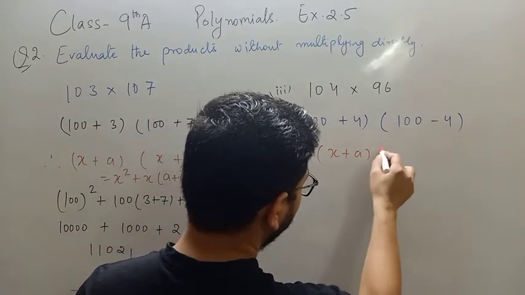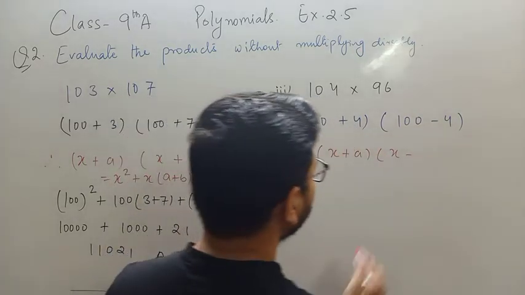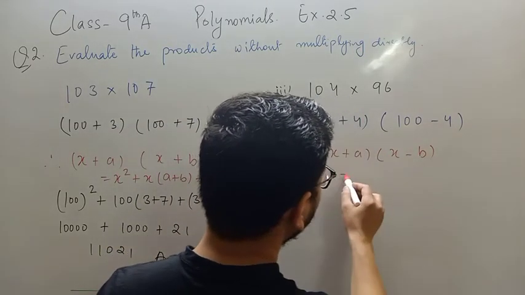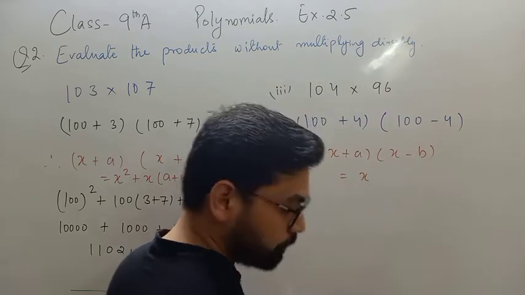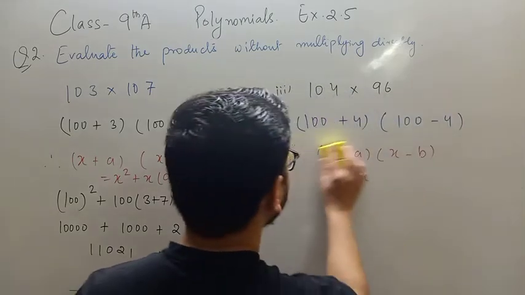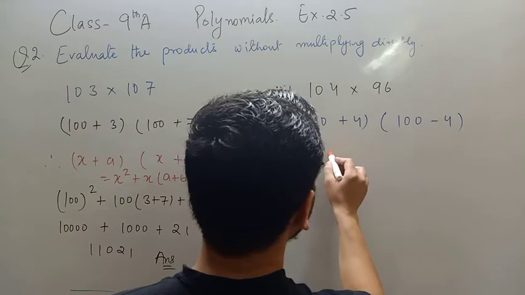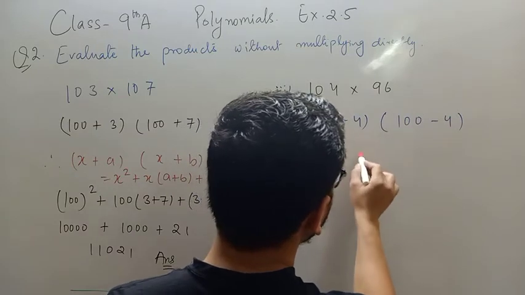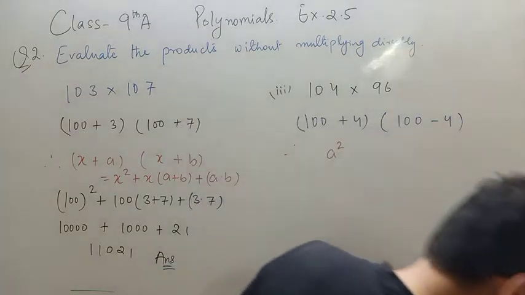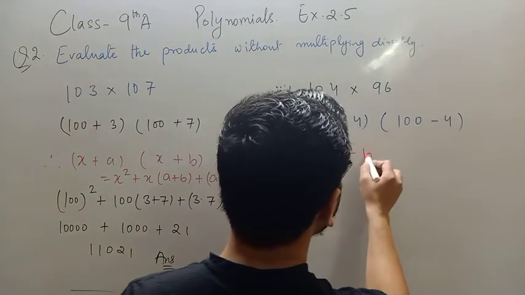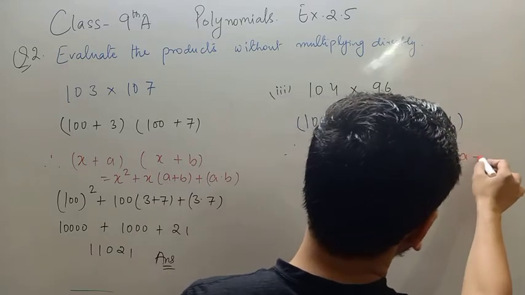a square minus b square is equal to a plus b into a minus b.